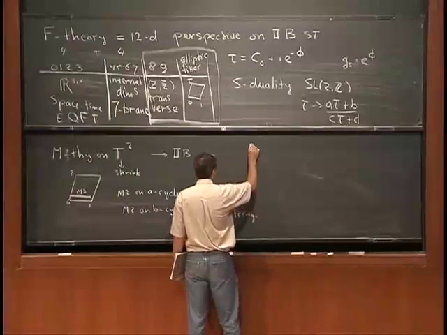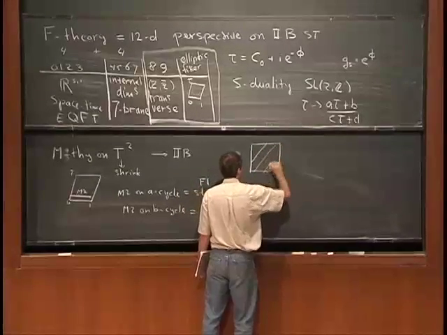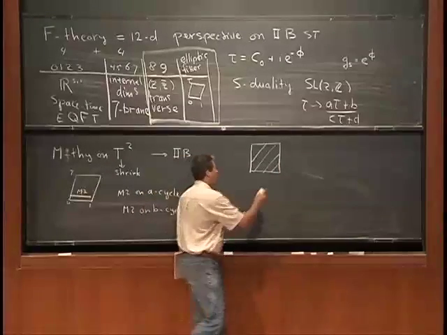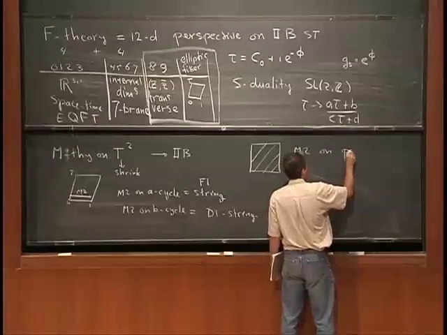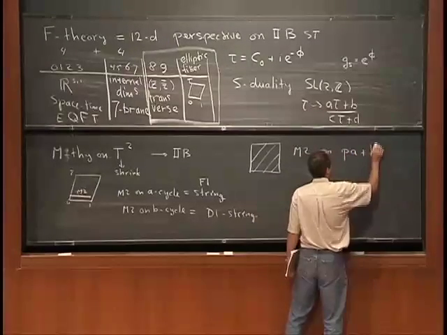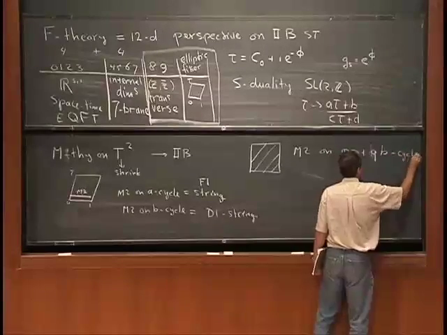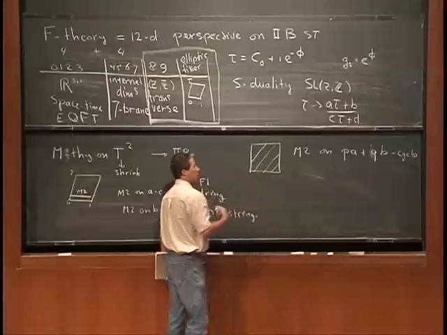So in general, by the way, let me just mention this because I'm going to make use of that later. I could have a membrane that wraps around in a particular way, where the M2 could be on a cycle, say, p times A plus q times B. So this is a one-cycle, but it winds p times this way and q times that way.